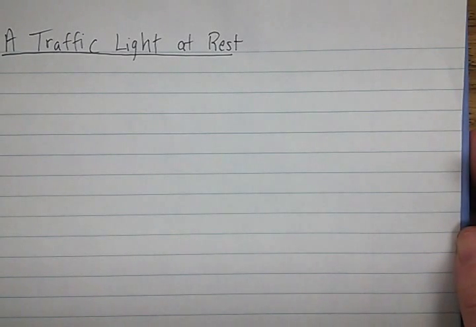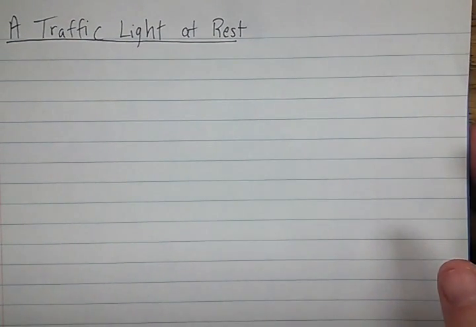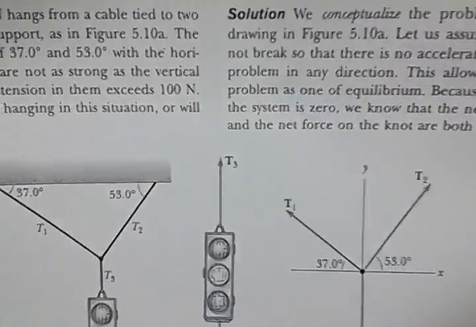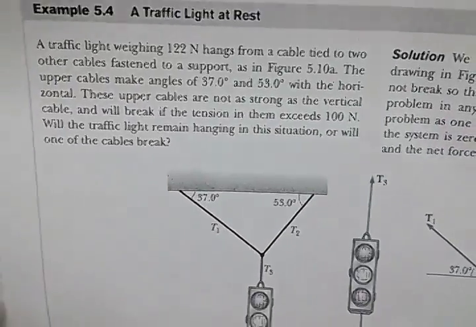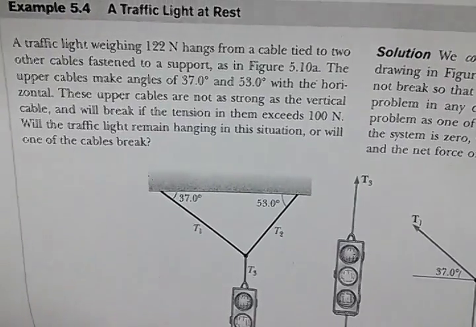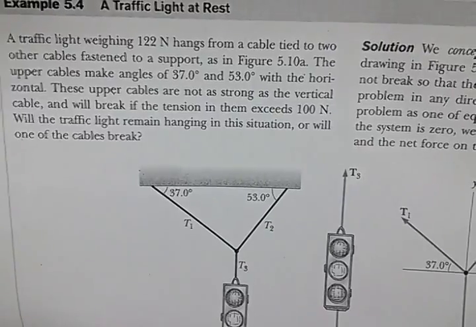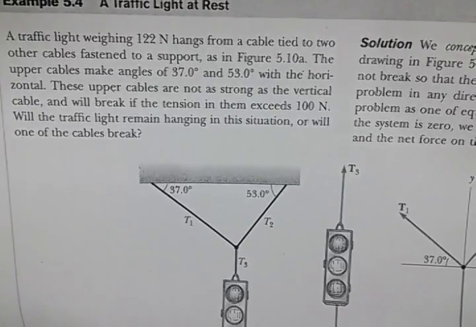In this video, we are going to be doing example 5.4 on page 124 of the AP Physics textbook, a traffic light at rest. So here is the problem. A traffic light weighing 122 newtons hangs from a cable tied to two other cables fastened to a support, as shown in the figure.